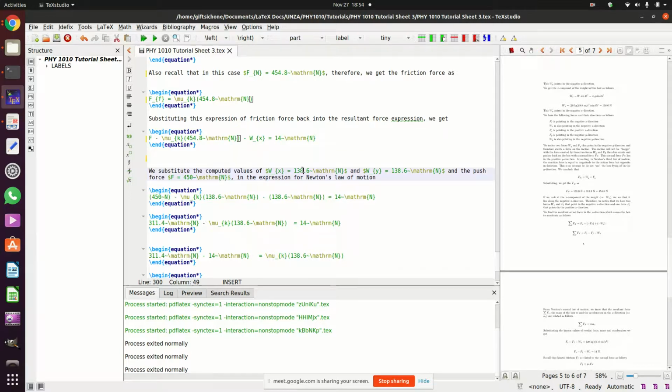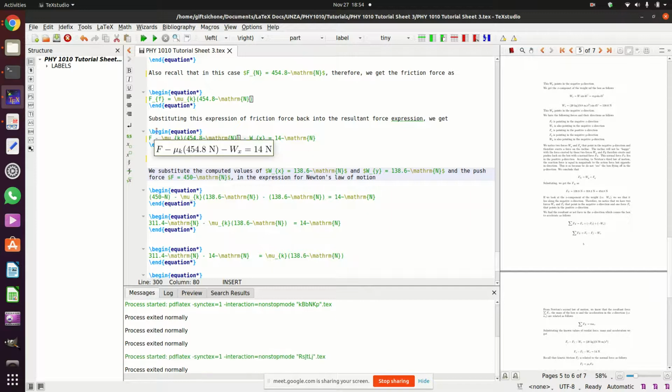So Wx is this, Wy is that. What do we need? Wx, then Fx. We don't need Wy anymore.